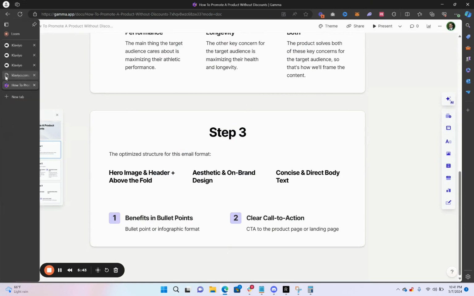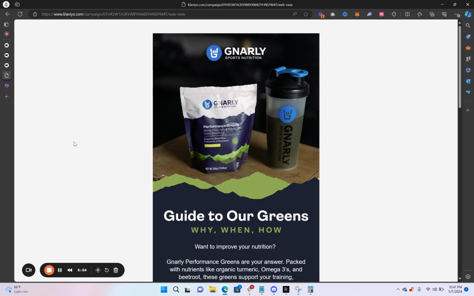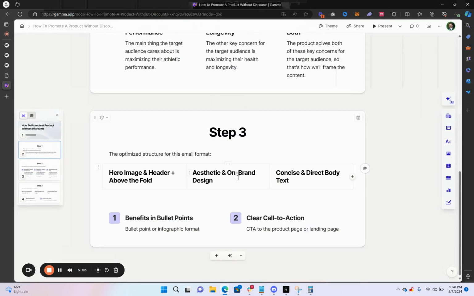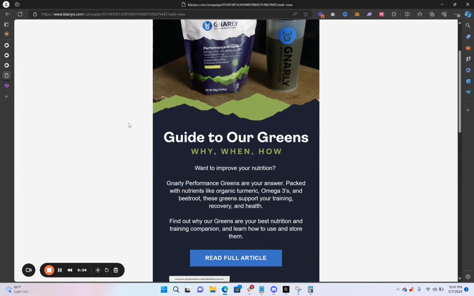Aesthetic and on-brand design. A lot of this is going to come down to the brand guidelines, but in this case, as you can see, the email branding matches the branding on the packaging, and that's what you want. Nice and consistent, and very aesthetically pleasing. Concise and direct body text. I see a lot of brands who write literal full essays, like three different paragraphs that nobody's ever going to read.